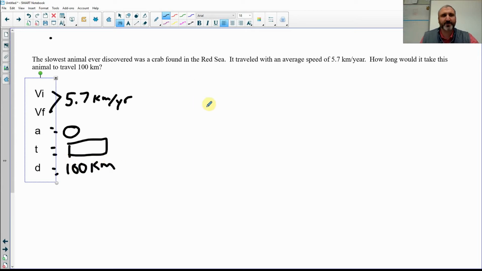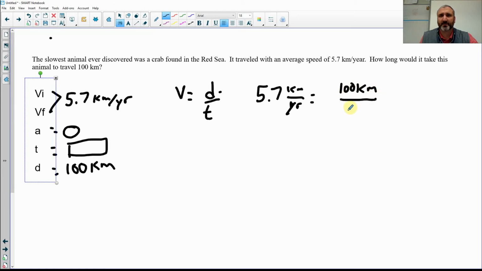So again, using the equation V equals D over T, the V is 5.7 kilometers per year, equals the displacement, which is 100 kilometers, over the time that we are looking for.